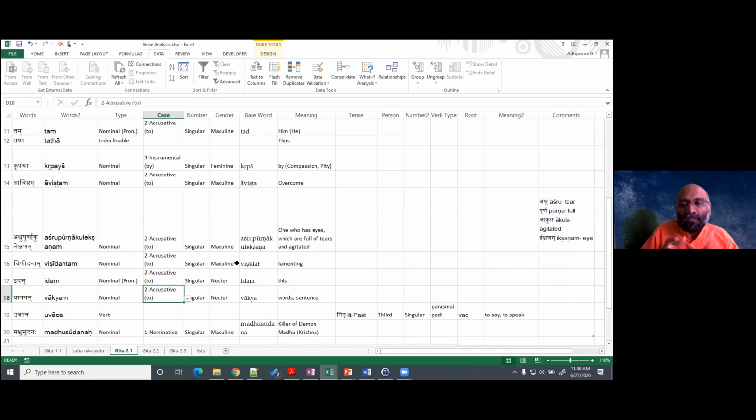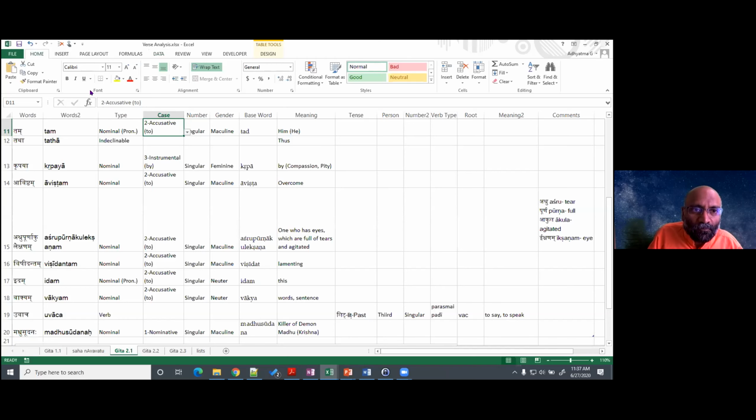Sanskrit has some verbs like speaking, which take 2 objects. One is the person whom you are speaking to, and the other is the words you are speaking. So there are two objects here. So I'll just mark it in yellow so that you can see.